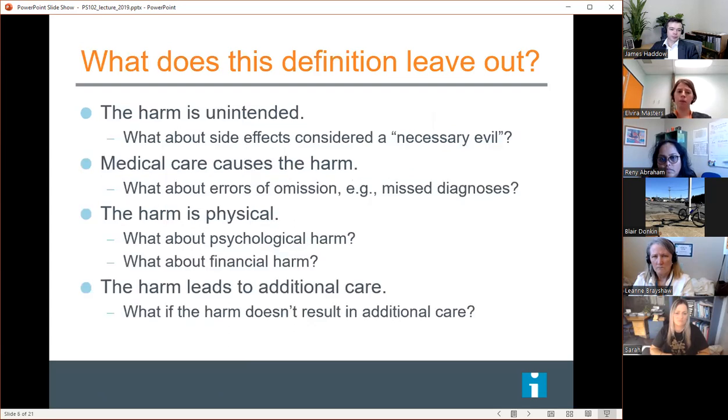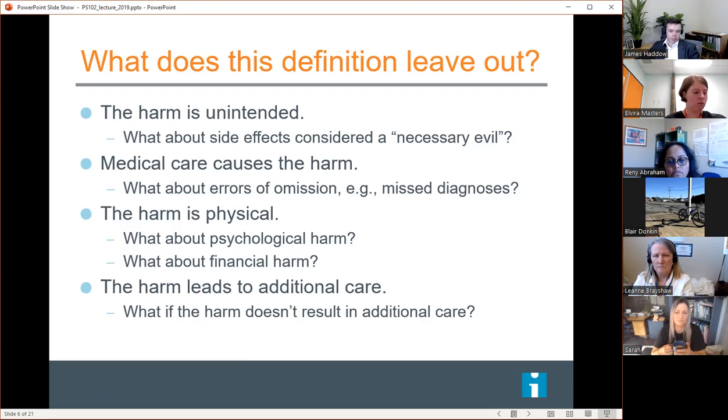So there's a couple there that you've already mentioned. It also says the harm is unintended, but sometimes we do things knowing that they're going to end up with some side effects, but we accept those side effects because of the overall benefit.